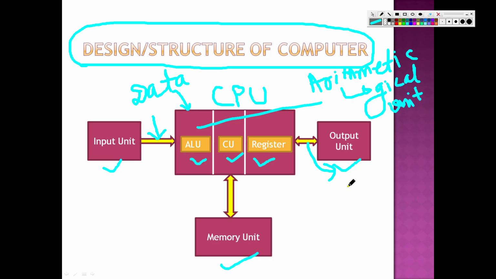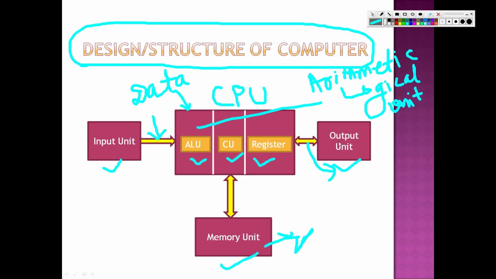After processing the data, it shows the output. Output means it will be shown on output unit devices like monitors, projectors, etc. And the memory unit is where we store the data on a permanent and temporary basis, for a short time or for a long time. So these are the 4 basic structural components of the computer.